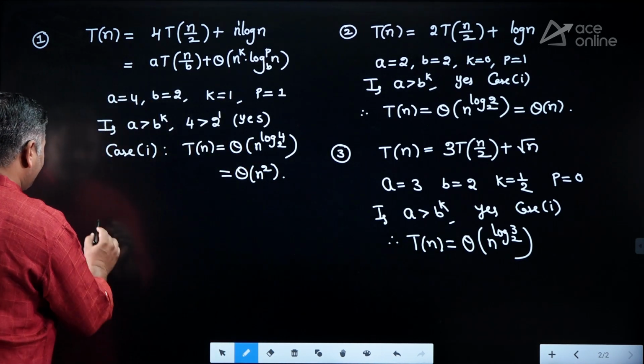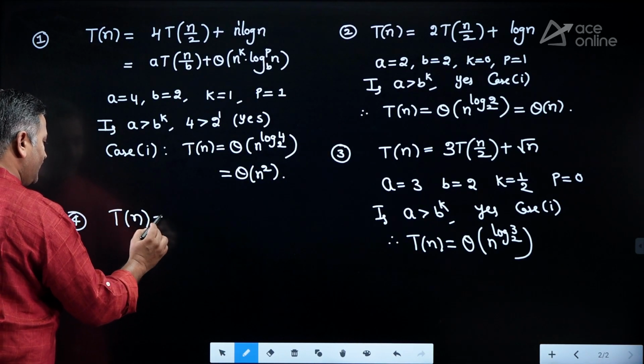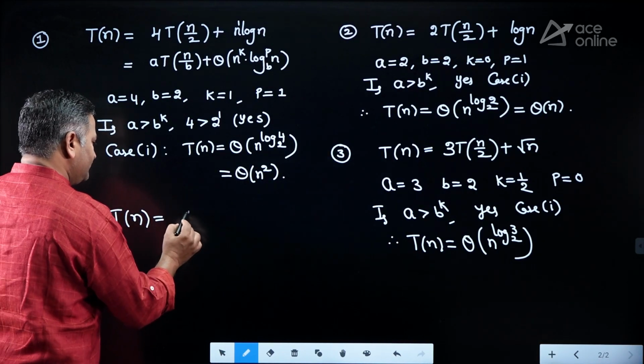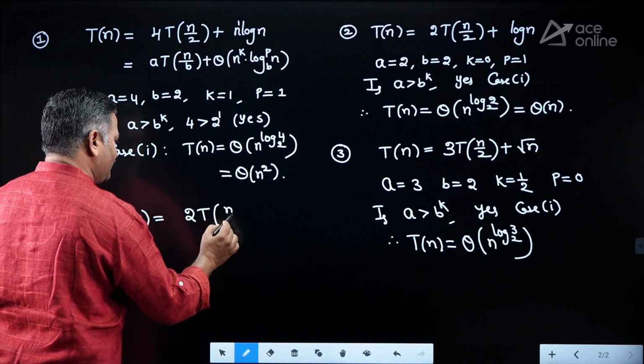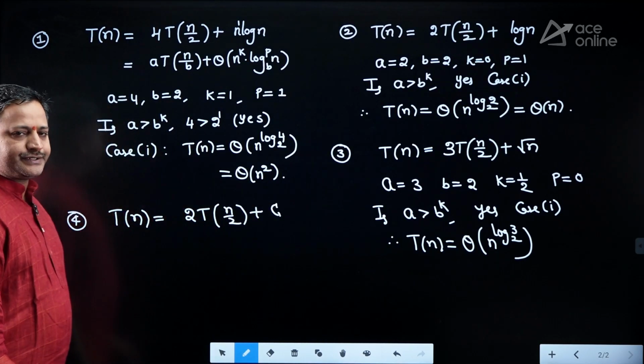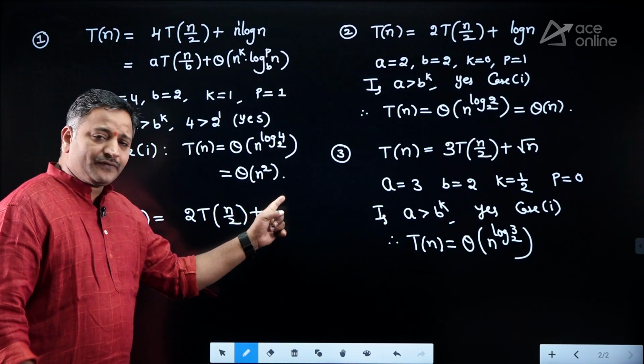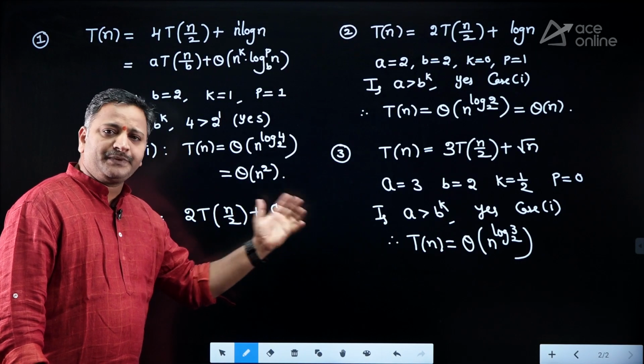Okay. Next, the fourth problem, t of n is equal to 2 into t of n by 2 plus some constant c. Here the constant value c is given, and n to the power of k is absent, log to the power of p is also absent.